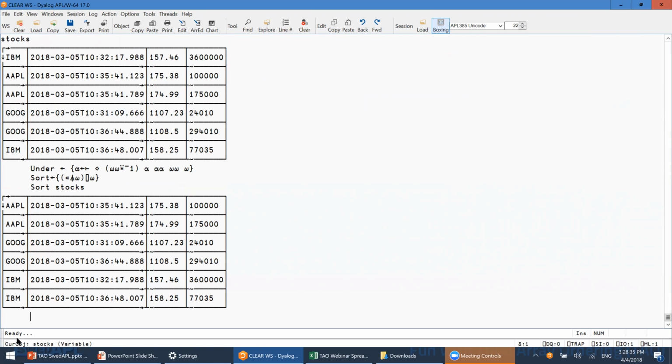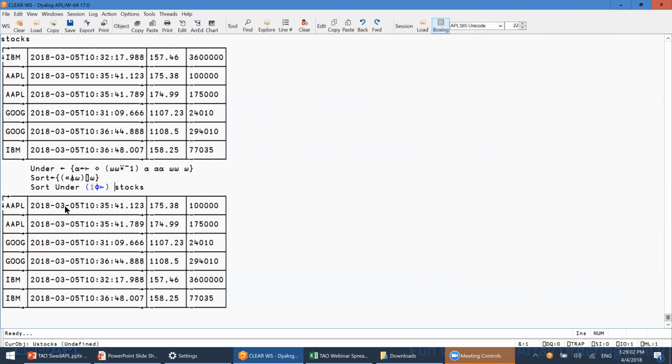So there are different ways I could do this. I could just use bracket indexing, but here's a cool little way to do it, and we'll see later that it gives us some symmetry. So if you say sort under the one rotate. So one rotate is going to take the symbol and put it all the way over on the right, and then we sort, and then we rotate back again the other way.